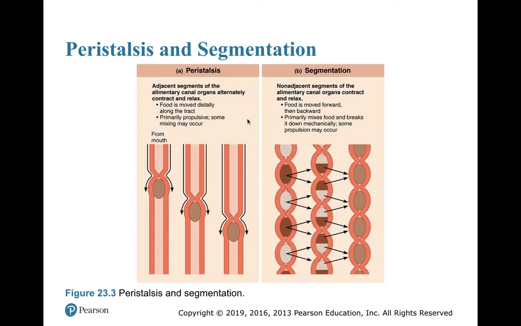At the same time there is another process called segmentation, in which you alternate where these contractions occur, and that has the effect of mixing parts of this bolus, which helps mix the food, break it down mechanically, and allows for some propulsion to occur. So both peristalsis and segmentation are important parts of moving foodstuff through the GI tract.